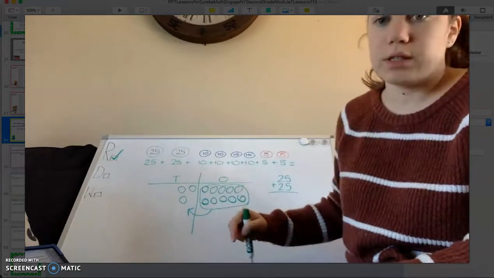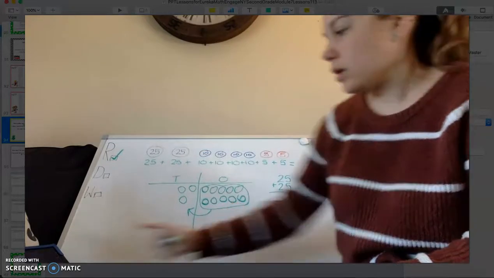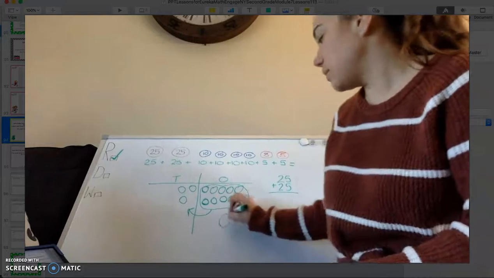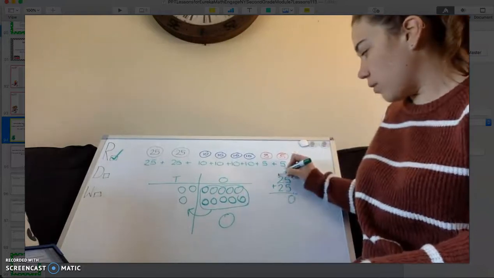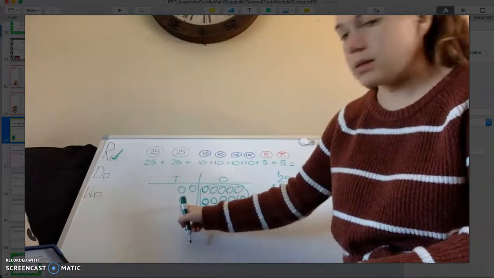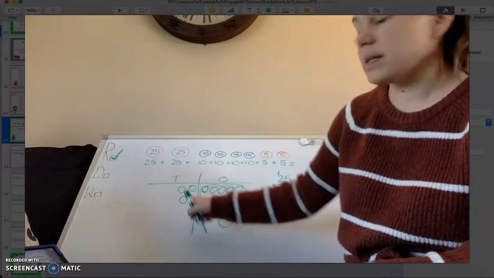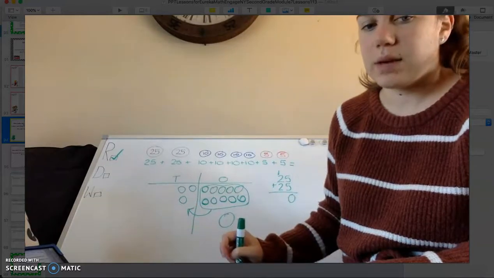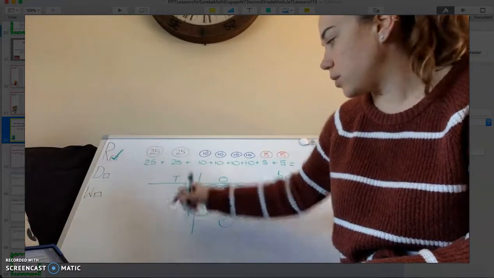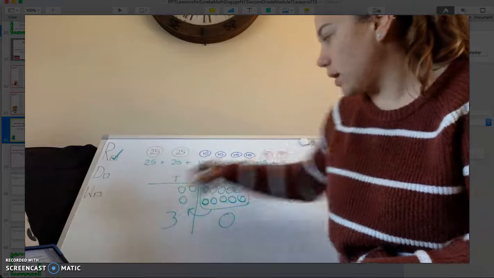So now how many ones do we have? Good, we have 0 ones. And we brought over our 1 ten into our tens column. So now how many tens do we have? Let's count. 1, 2, 3. So we have 3 tens.